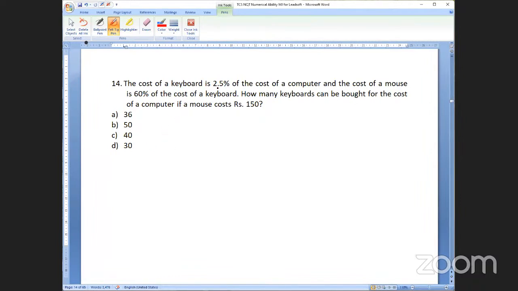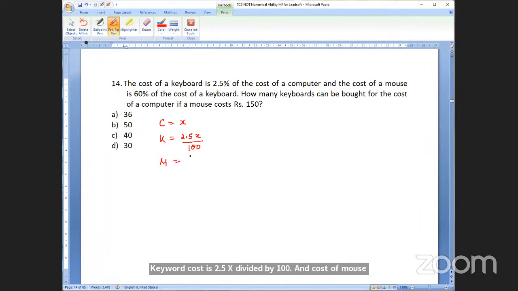The cost of keyboard is 2.5% of the cost of a computer. And the cost of a mouse is 60% of the cost of the keyboard. So if computer cost x, keyboard cost is 2.5x divided by 100. And cost of mouse is 60% of the cost of keyboard.